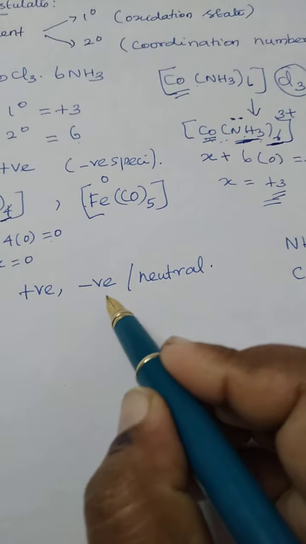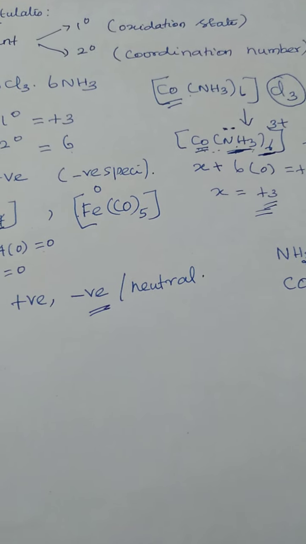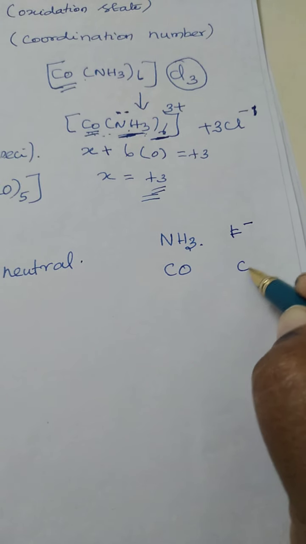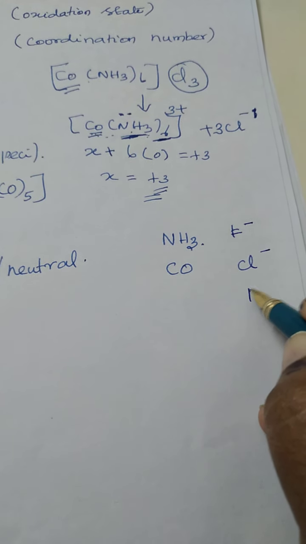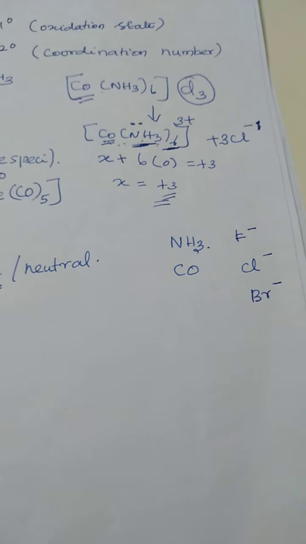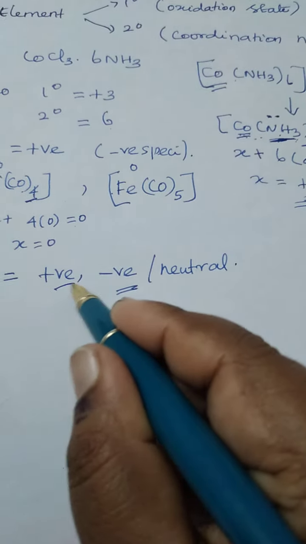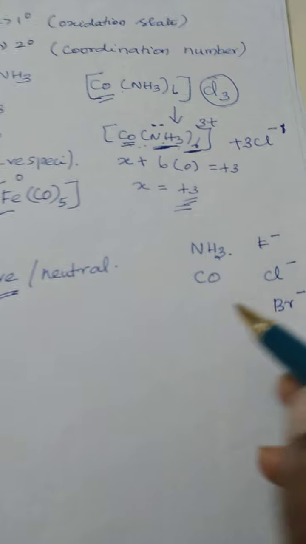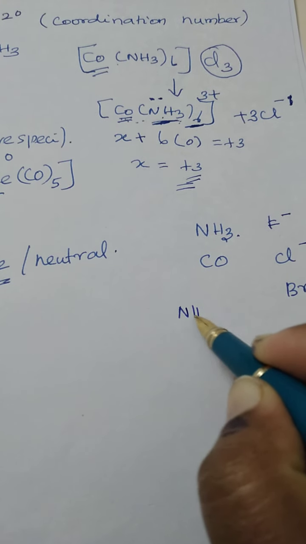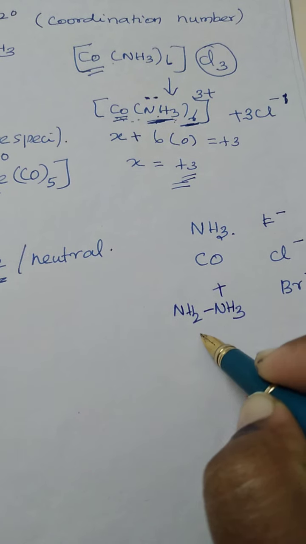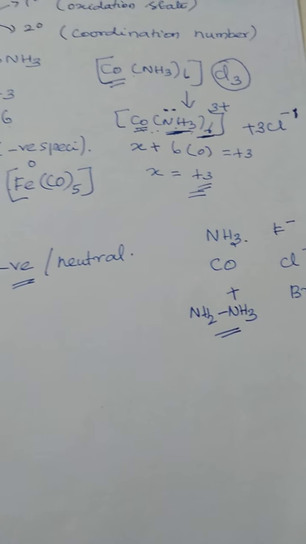The next one, the negative ligand. The negative ligand can be F-, or Cl-, or Br-, and there are so many negative ligands. Likewise, there is a positive species, that is NH2-NH3+, which is called the hydrazinium ion.